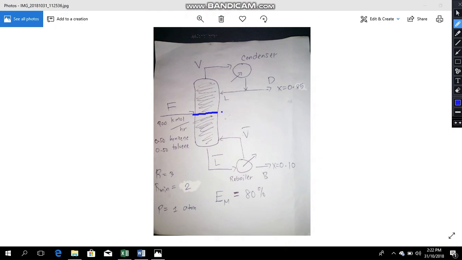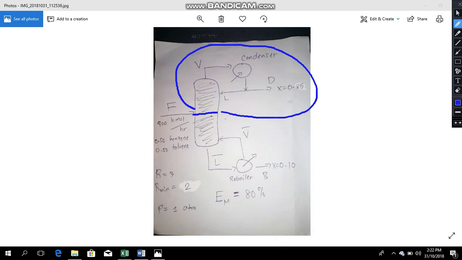The upper part of this column is called the rectifying section. It has a condenser here, and vapor is fed into it, and then the stream is divided into two, the L and the D, which are the liquid reflux back into our distillation column and the distillate.